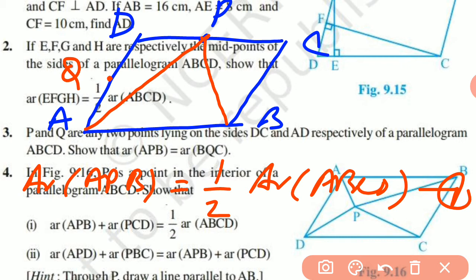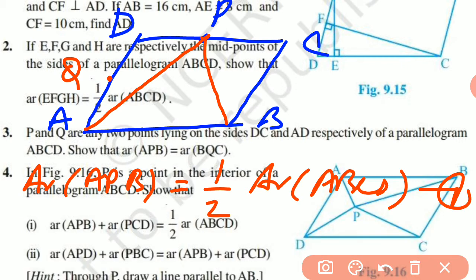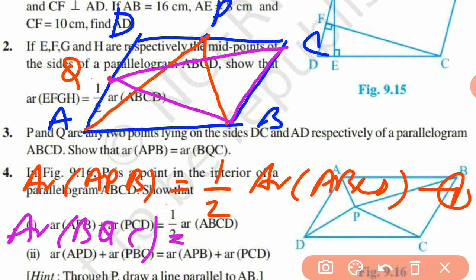And next is triangle BQC. This is BQC, and area of triangle BQC equals half of the area of parallelogram ABCD.